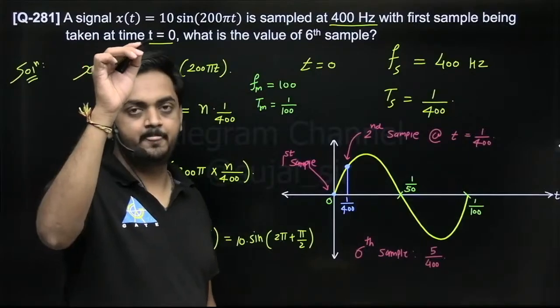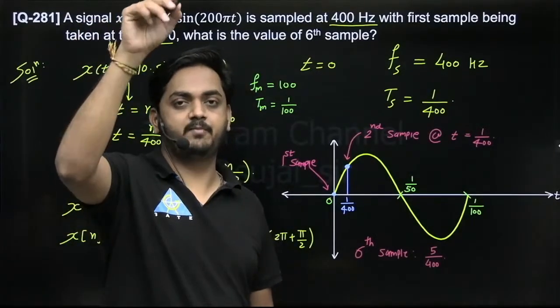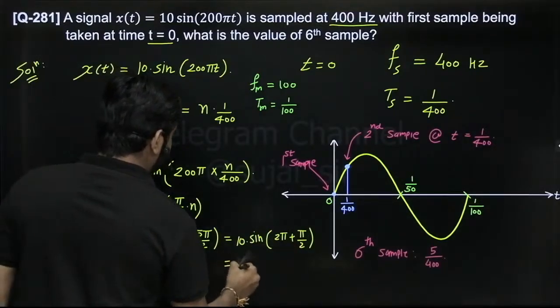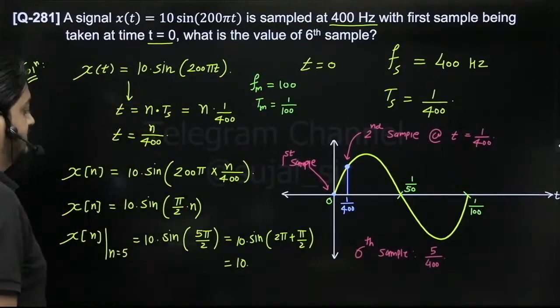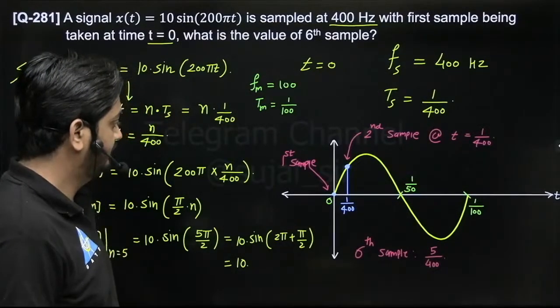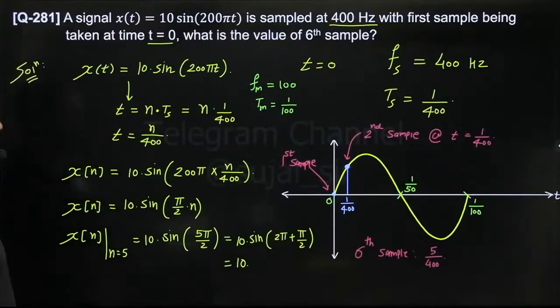See, pi by 2, then 3 pi by 2, again 5 pi by 2. The value of sine is 1, so the answer is 10, guys. Answer should be 10.